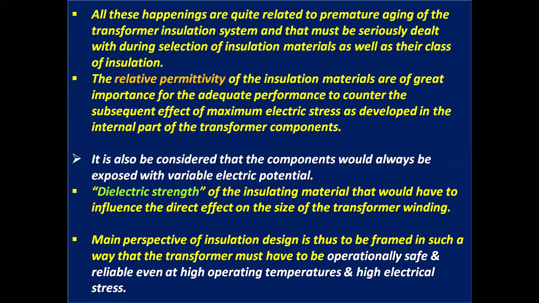The relative permittivity of the insulation materials is of great importance for adequate performance to counter the subsequent effect of maximum electric stress as developed in the internal part of the transformer components. It is also to be considered that the components would always be exposed to variable electric potential.